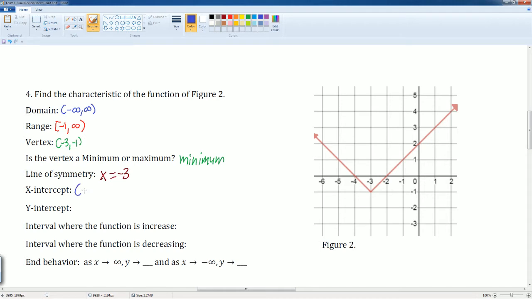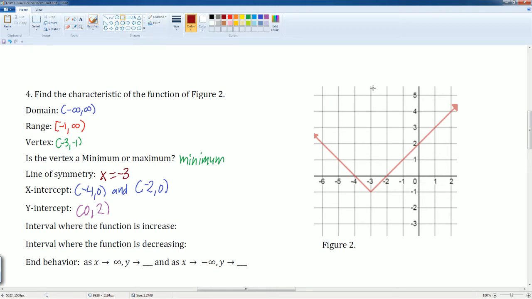So it was -4 comma 0 and -2 comma 0. The y-intercept is where it crosses the y-axis, so it would be this one, and that is at 0 comma 2, 0 in the x, 2 in the y. So the y-intercept we can write as 0 comma 2.